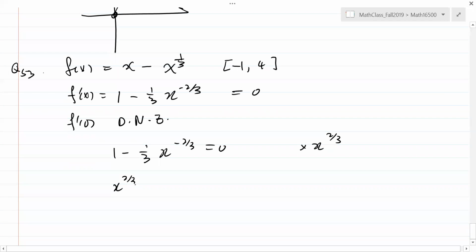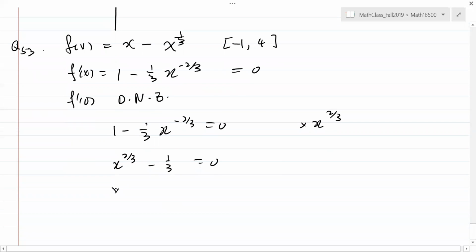So x to the 2/3 minus 1/3 equals 0. Then you move 1/3 to the right hand side and try to get x. You can raise both sides to powers step by step, and then you find x.